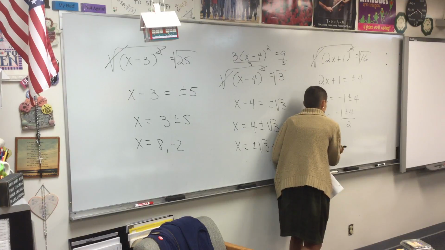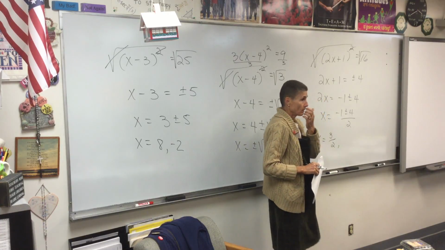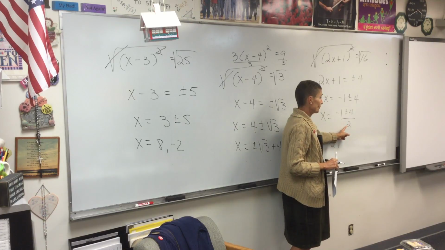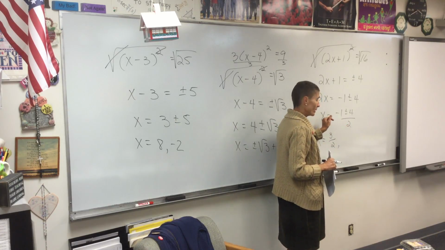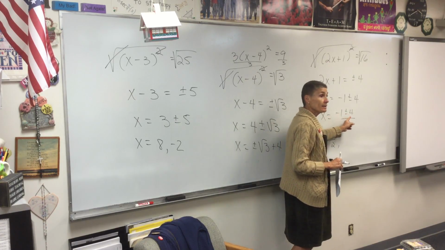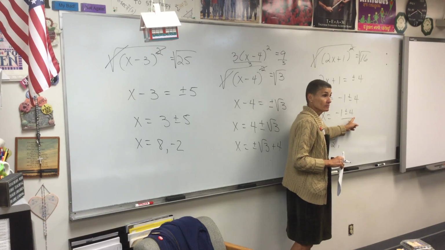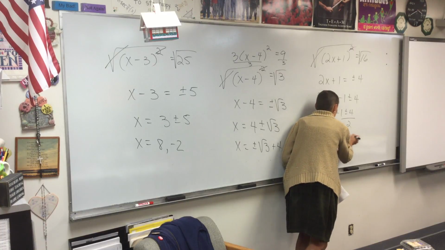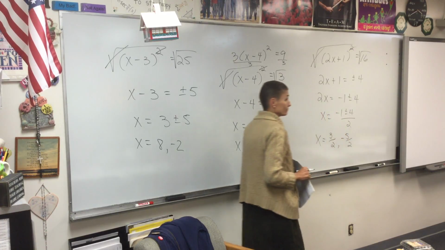So one of your answers is 3 over 2. What's our other one? Negative 1 minus 4 divided by 2. Negative 5 over 2.